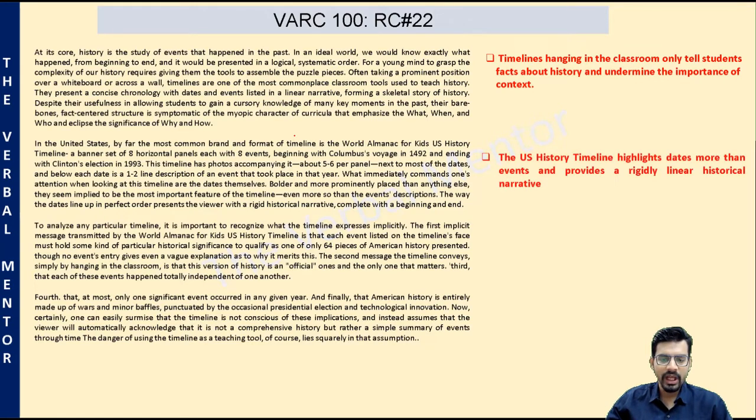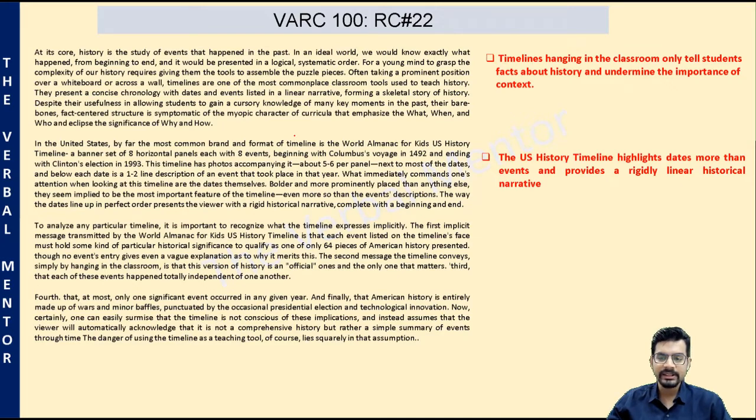In the second paragraph, he tells you that the US history timeline similarly highlights dates more than the events themselves and provides a rigidly linear historical narrative. So basically, the US history timeline highlights the dates of events rather than the events themselves, why the events happened, and it also provides a rigidly linear structure of events, as if one event was independent of the other, or they were mutually exclusive.